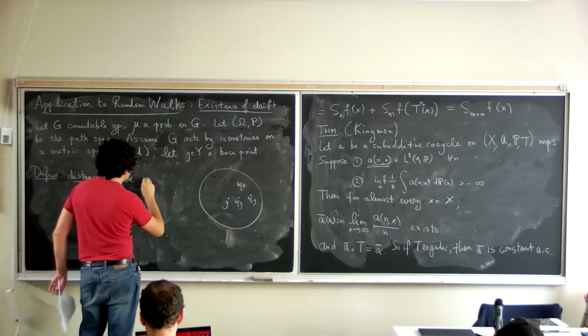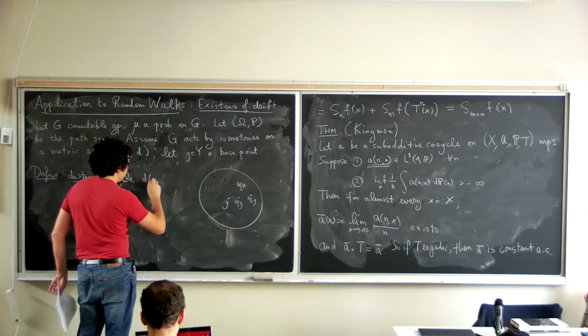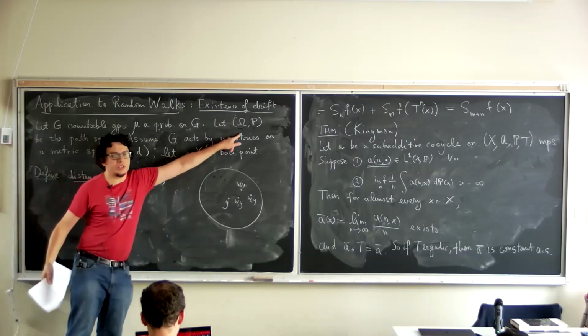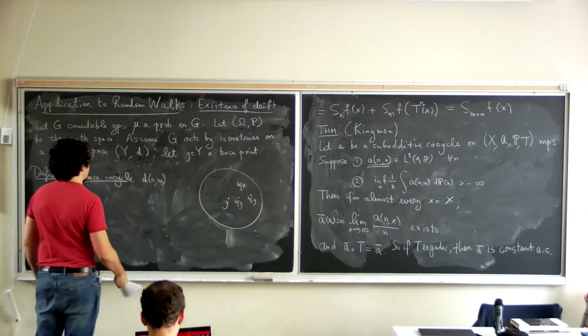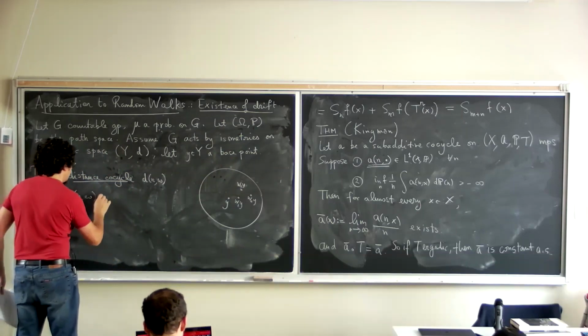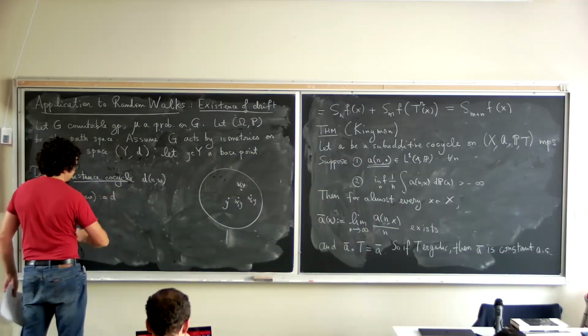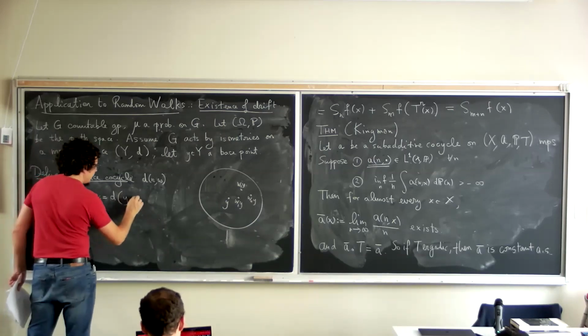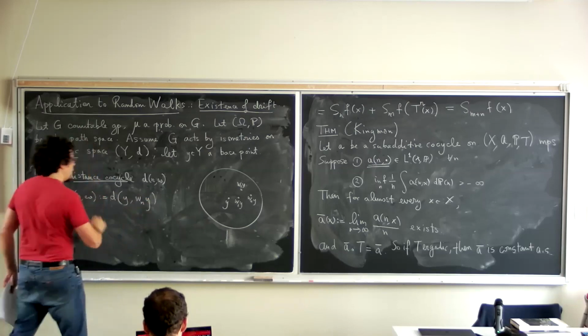Okay, and how do you define it? Let's call it D_n(omega). So omega is an infinite sequence. What is D_n(omega)? Well, it's just the distance between the base point and the n-th step of the walk.